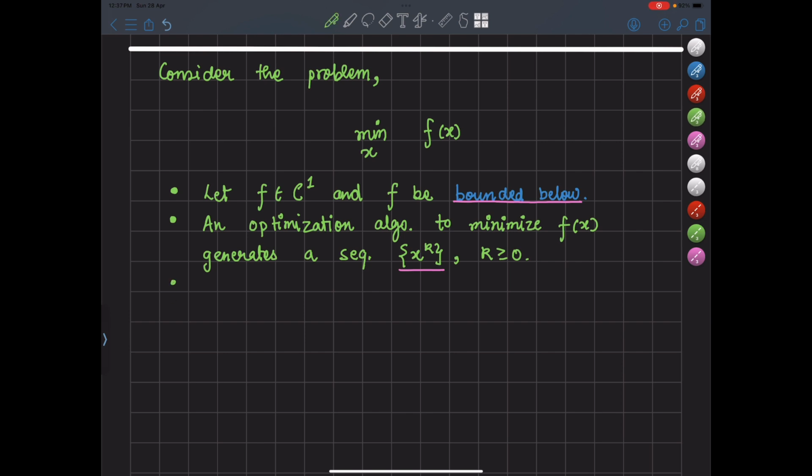And when it is generating a sequence of xk, there will be a corresponding sequence of function values f(xk), or let's call them fk.